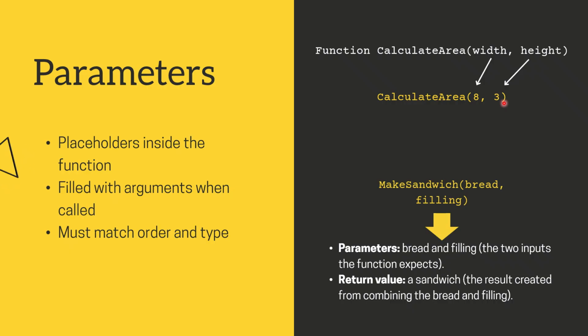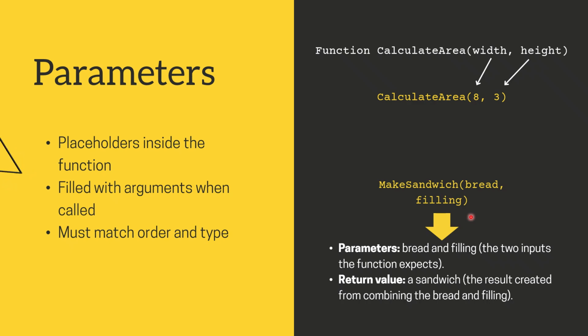Another example would be, imagine you had a function called make sandwich, and the parameters were the bread and the filling. Those would be your parameters, the two inputs that the function is going to accept. And then what do you think the function is going to return?